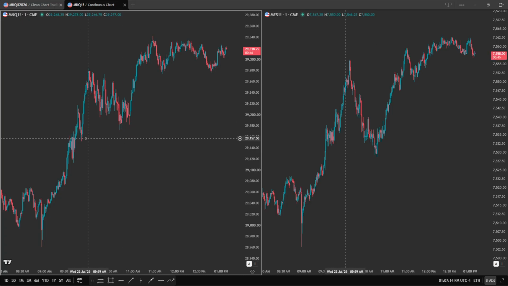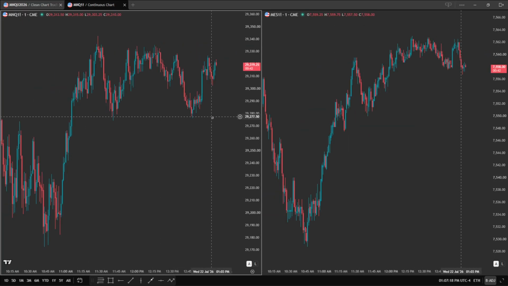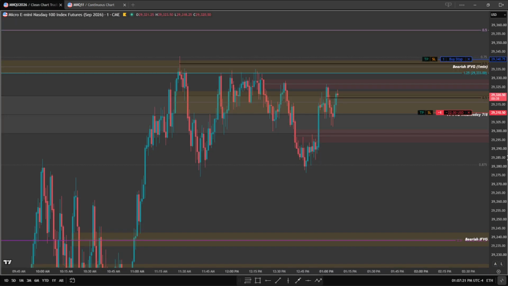This is obvious to me, these lows. I don't like that it closed like that above these highs. This midpoint.